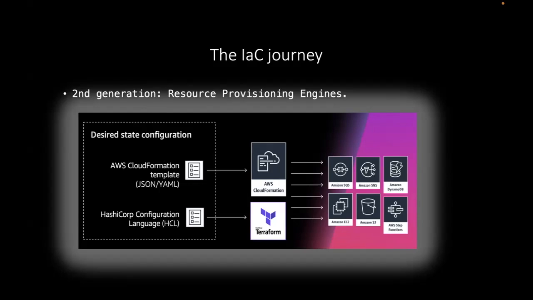You provided that to the CloudFormation engine, and it worked out how to evolve your infrastructure into the new state that you desired. So it took care of updating your infrastructure for you based on you providing it with this CloudFormation template, which described, if you like, the desired state, new state of your infrastructure.